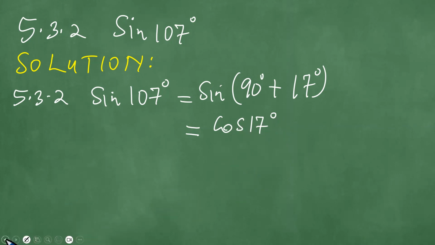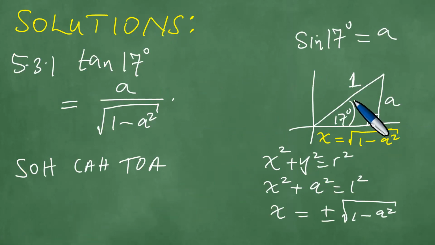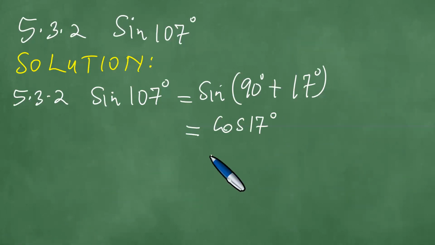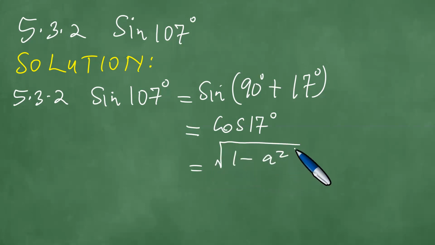Looking at the triangle we have, we're looking for the cosine of 17. The cosine of 17, according to the SOHCAHTOA mnemonic, cosine is adjacent over hypotenuse, which is the square root of 1 minus a squared over 1.